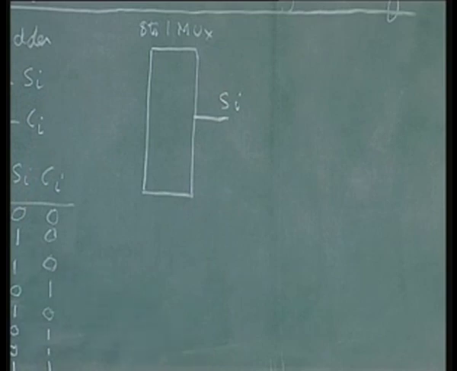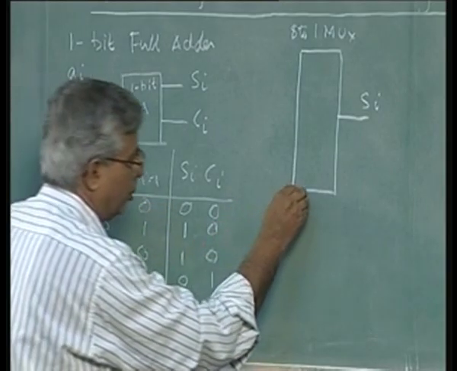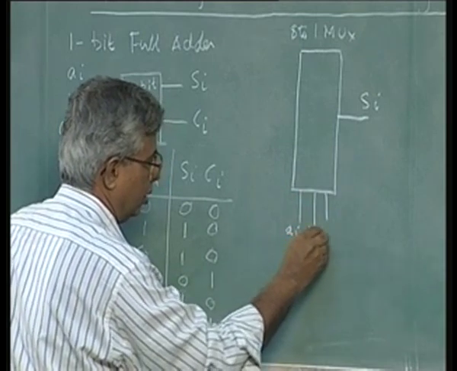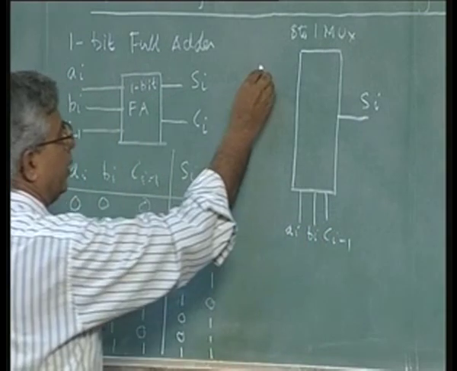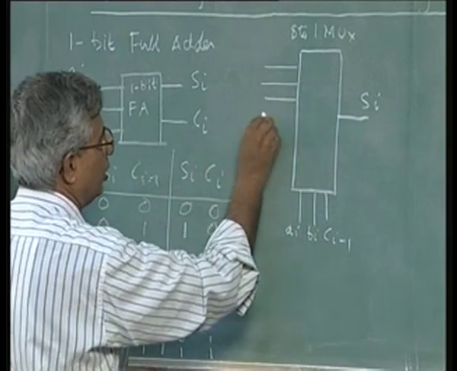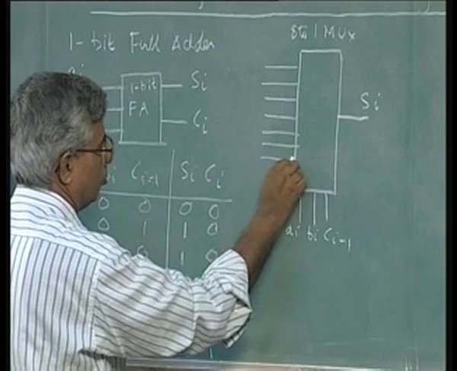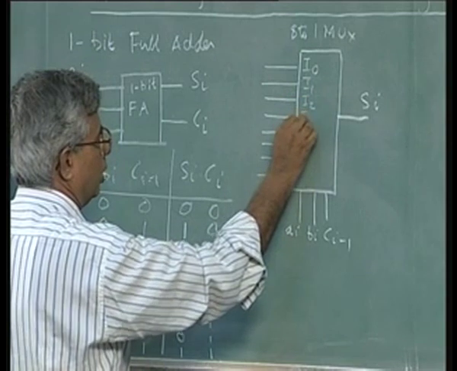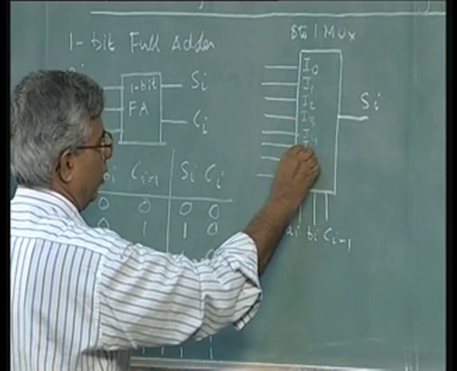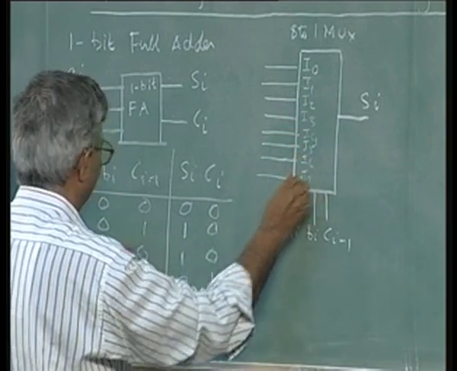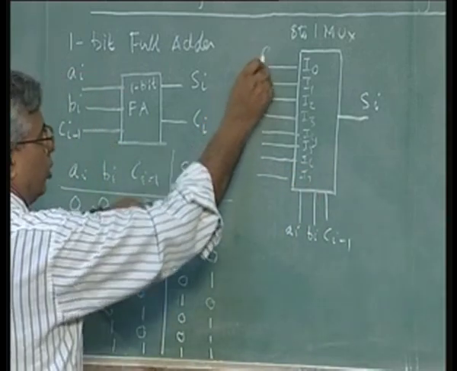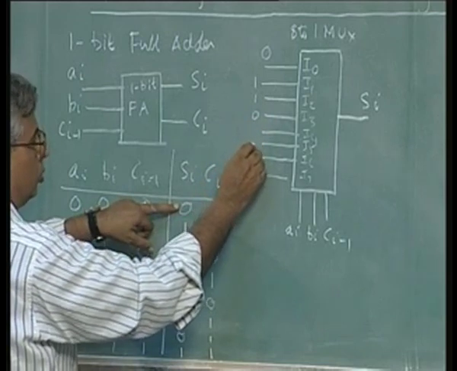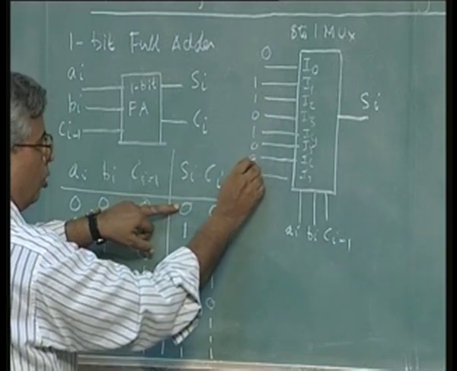The inputs are 0, 0, 0, the output is 0, like that. So I need to connect to my selectors my Ai, Bi, Ci minus 1, and connect to my 8 inputs I0, I1, I2, I3, I4, I5, I6, I7 these values as they are: 0, 1, 1, 0, 1, 0, 0, 1.